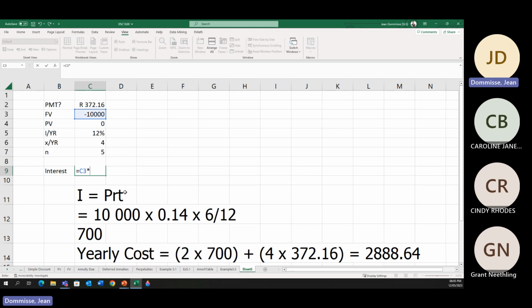I'm going to add in here a value so that it's already calculated, and they tell us that it is to be paid half yearly, so let's just say times 0.5.